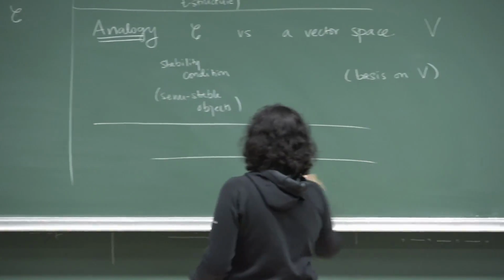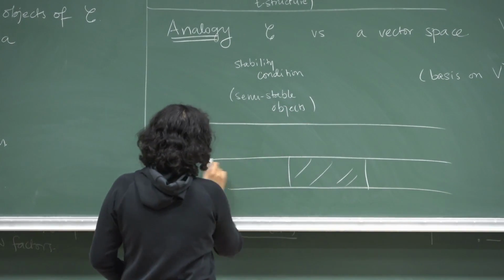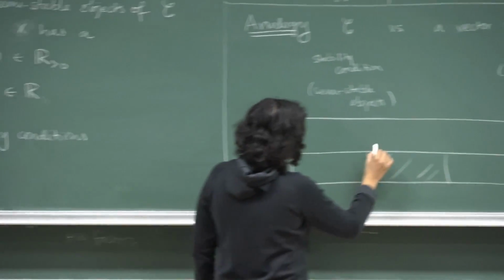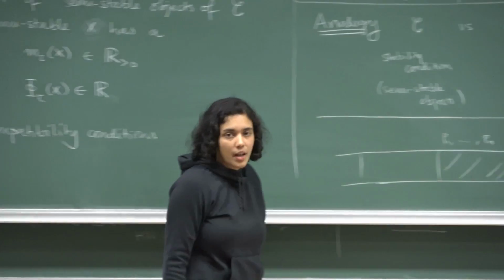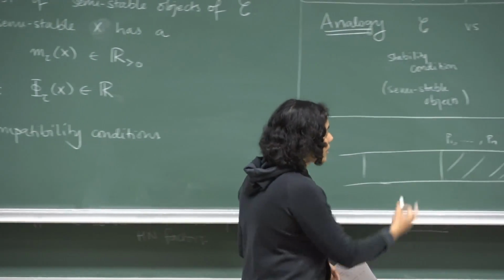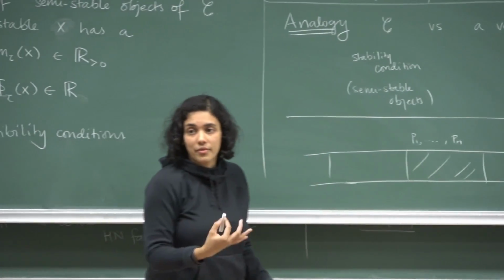Okay, same picture here. So there's a central piece, everything else is tiled by the central piece, and you think these objects P1 through Pn live here, and they're simple objects in that little category. So that category is generated by these simple objects. Everything else comes from shifts of these.